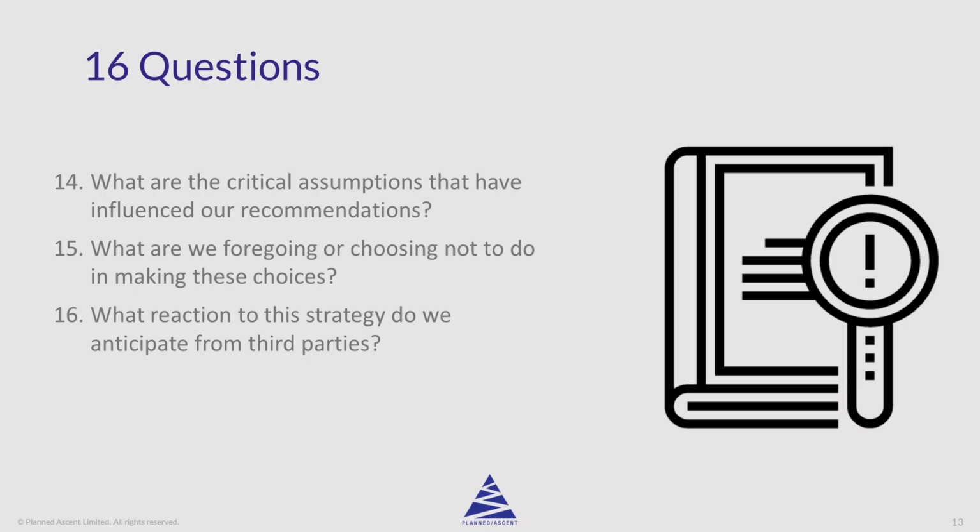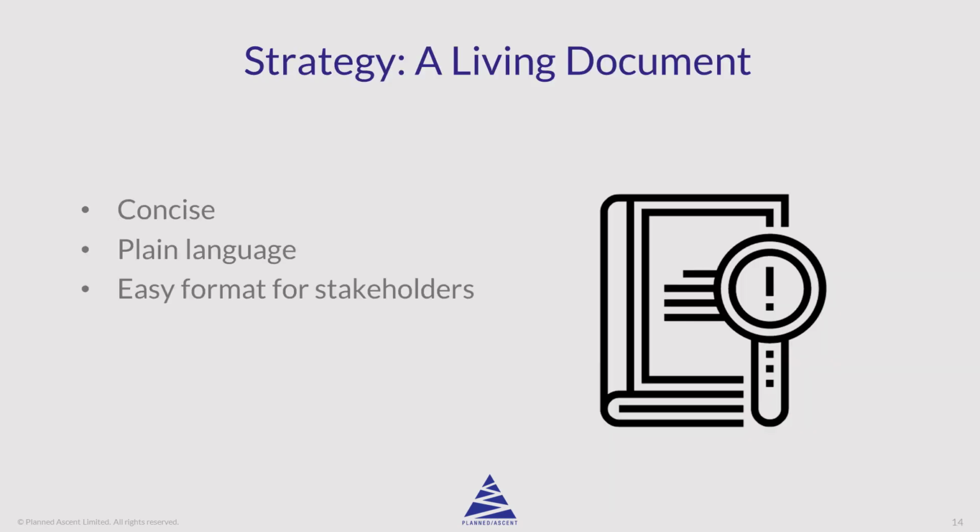You will no doubt refine and add to these questions to best fit your context, needs and preferences. A strategy document should be concise, written in plain language and presented in a format that's easy to digest for all stakeholders whilst answering these questions. The last thing you need or want is a bookend.